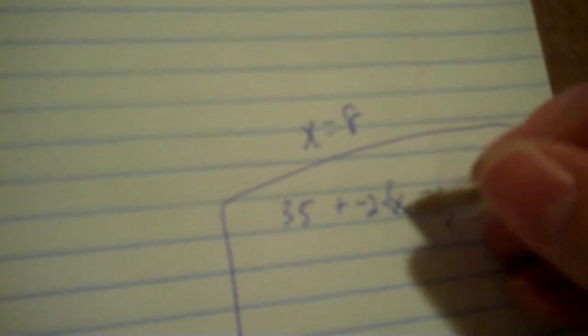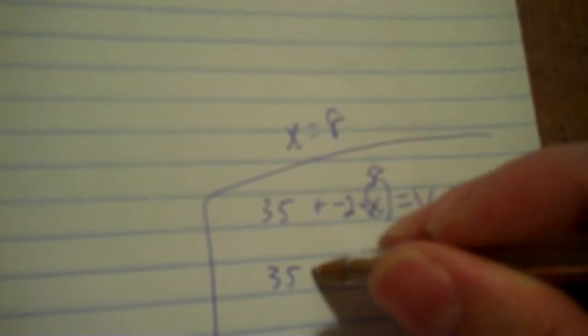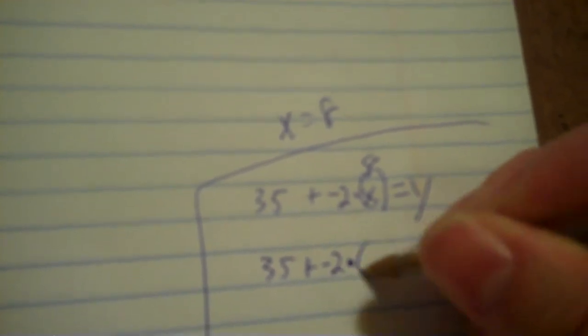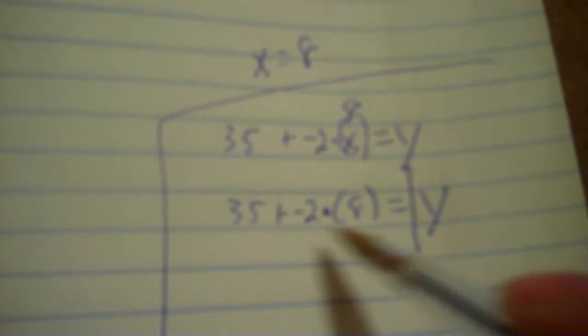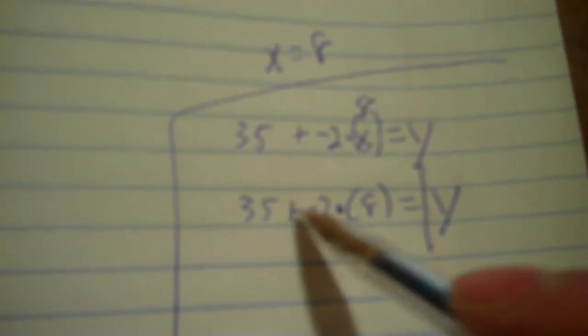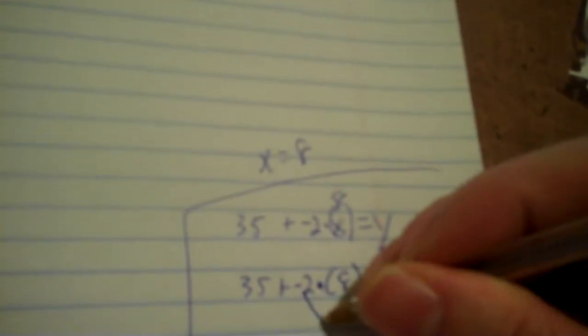Okay, so 8 months. So I put 8 months and X equals 8 then. So we're going to get the X out of there and put 8 in its place. So 35 plus negative 2 times 8 equals Y. So the Y is over here all by itself, so we just do the operations on the other side. We have a plus and we have times.